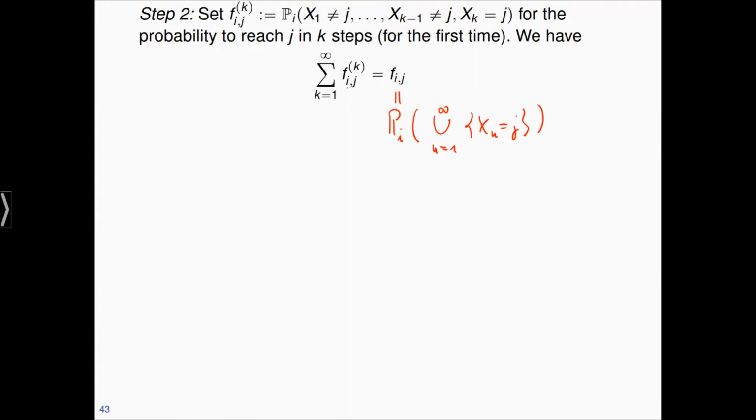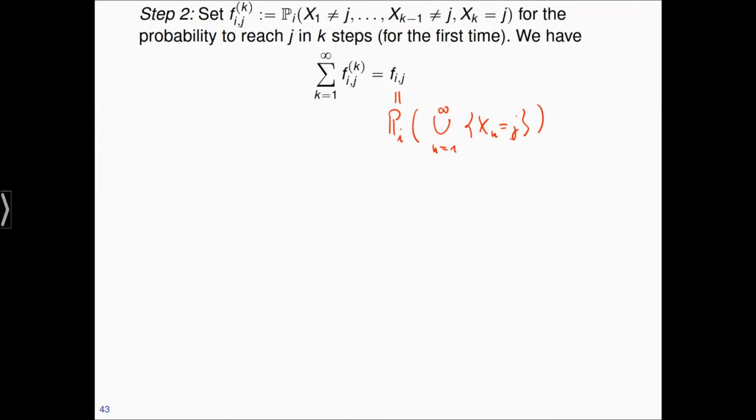On the left you make a decomposition according to when you reach j for the first time: either at k equal 1, or at k equal 2, or at k equal 3, and so on. The event of reaching j for the first time at 5 is disjoint from the event of reaching j for the first time at 10, for example. So here you have the sum of probabilities of disjoint events, which by sigma additivity gives the probability of this event.